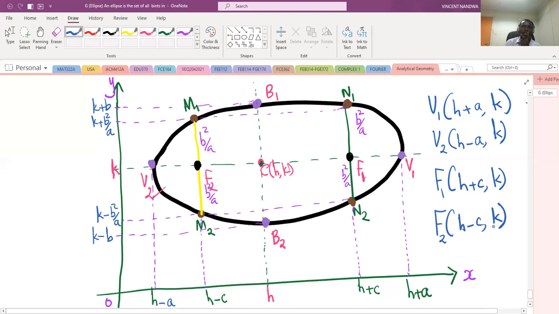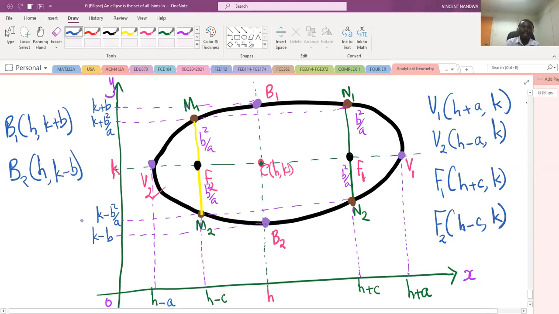And then the coordinates of B1, the co-vertices: we have h, comma, k plus b. And then B2 is (h, k minus b).